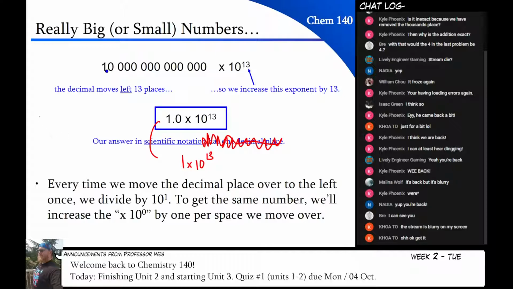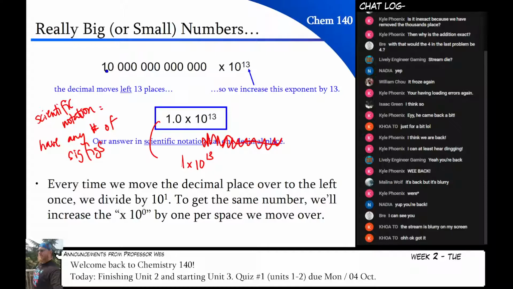So with scientific notation, you can have any number of sig figs. You're allowed to have as many as you want to, to suit the purpose of whatever you need.